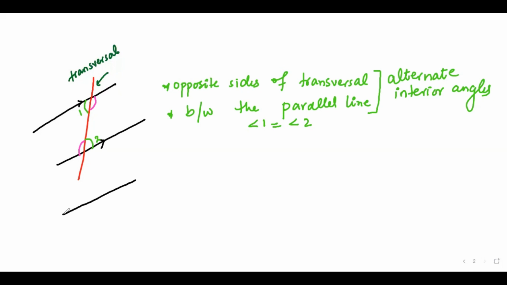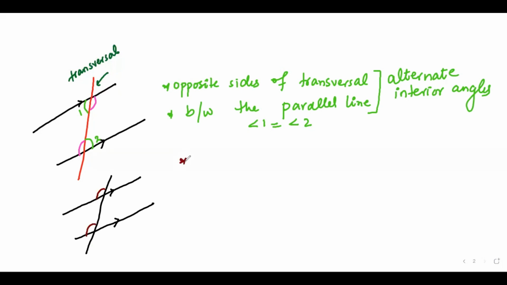Second point, if we have two parallel lines and a transversal, there is another type of angles. What are those angles? If one angle is above the parallel line, the second is also above the parallel line.